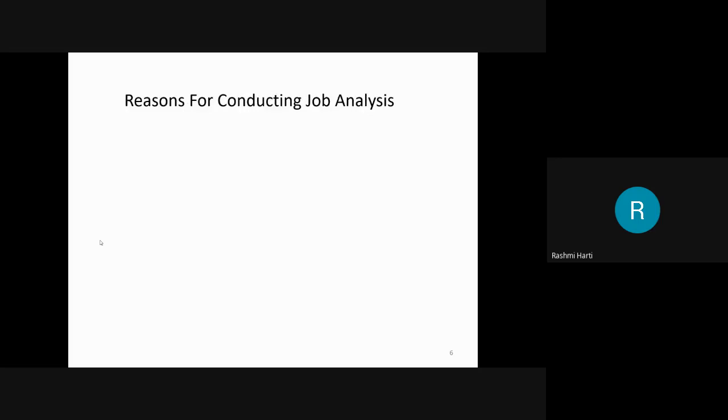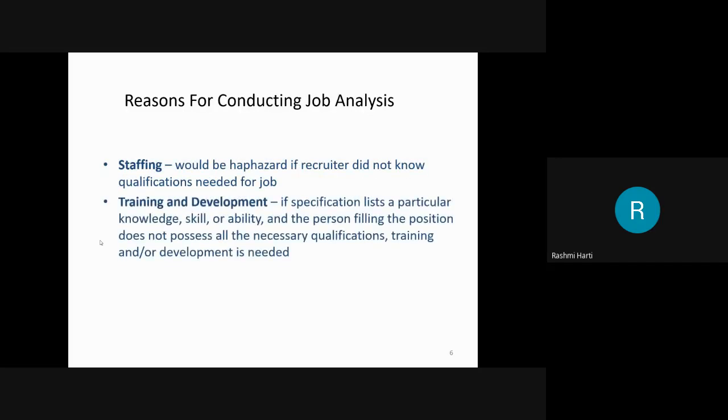Okay, so why do we have to conduct job analysis? The first thing is staffing purpose, as I said, for human resource planning. Staffing would be haphazard if the recruiter did not know the qualification needed for the job. Job analysis is very much required to understand the importance and worth of that particular job in the organization, and whether recruitment is really required.